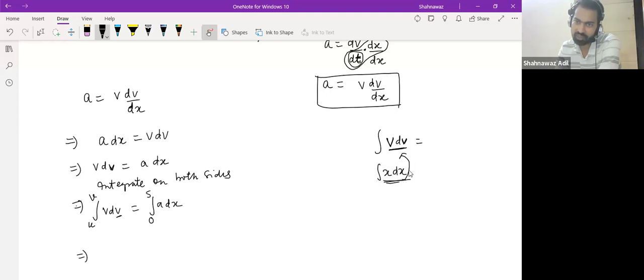This is x to the power 1, so this would be how much? Think about it. Integration of x dx, what power is 1?